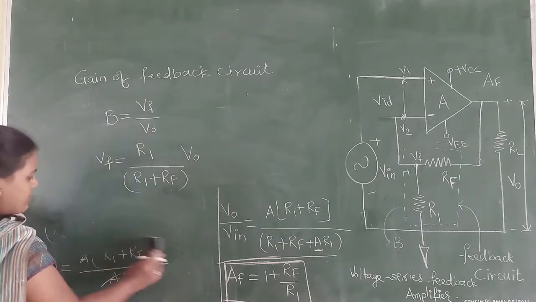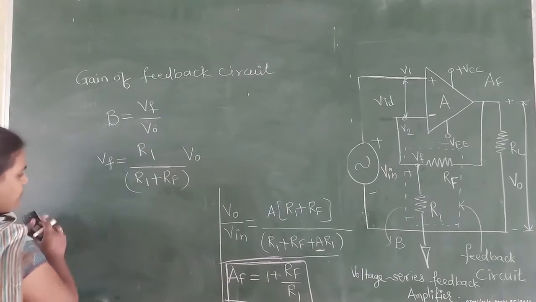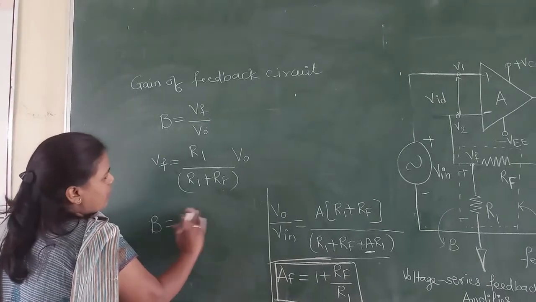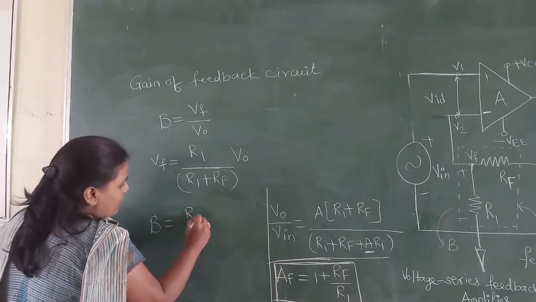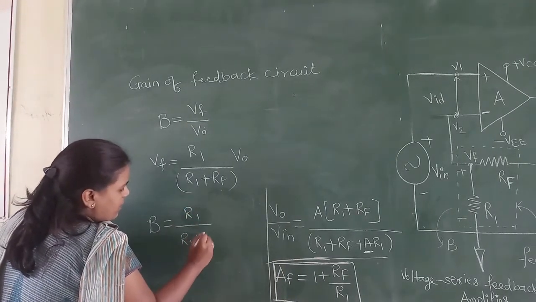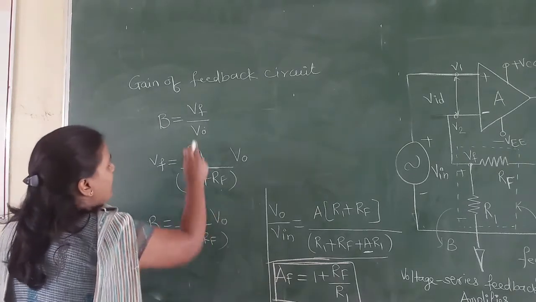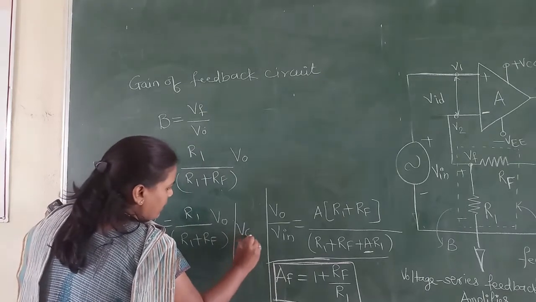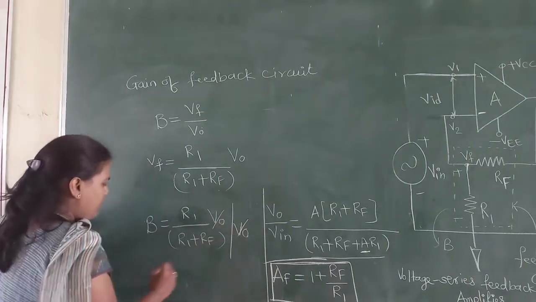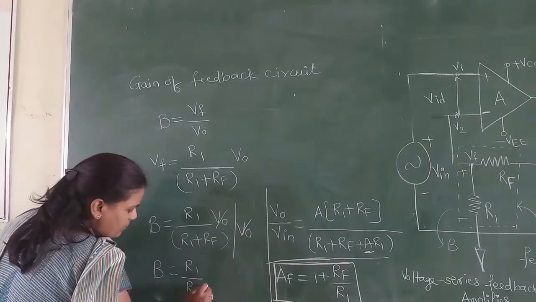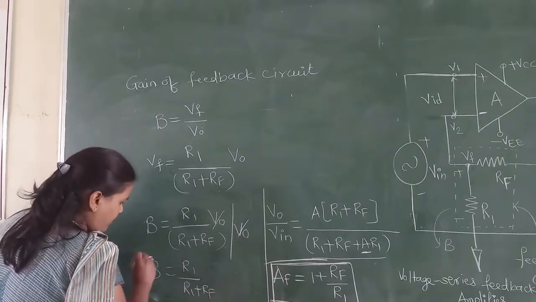So that B will become Vf divided by V0. For Vf we write this equation, R1 divided by R1 plus Rf into V0, and the whole term is again divided by V0. So B will be equal to R1 by R1 plus Rf.